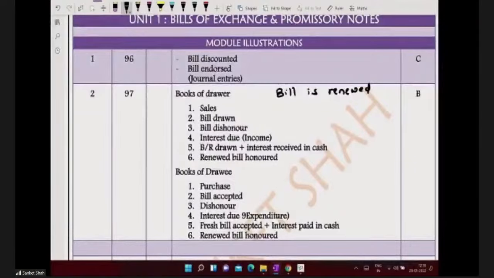Take a screenshot of this. Index. Bill is renewed. All 6 entries you have to understand.